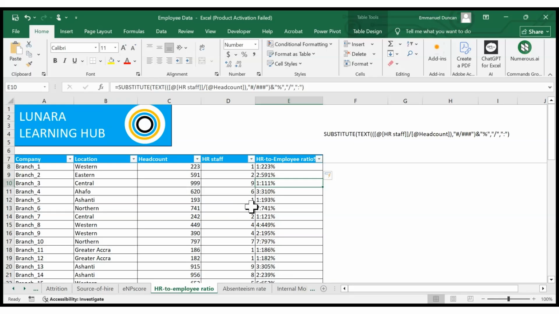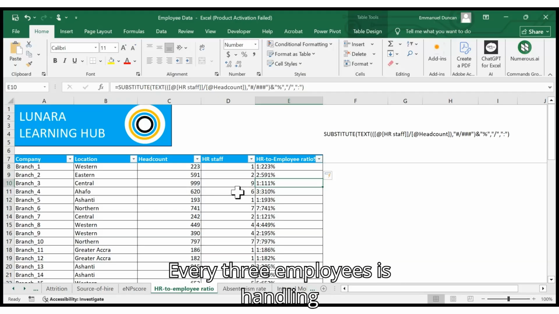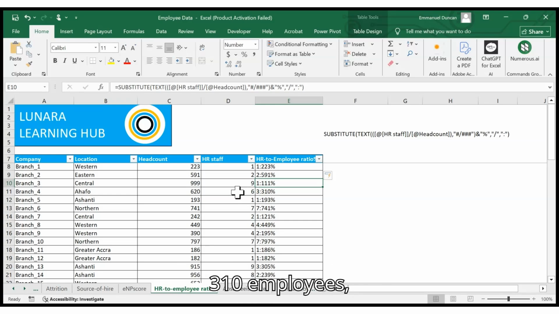So for the 6 employees that we have here, if we break it down further, every 3 employees are handling 310 employees.